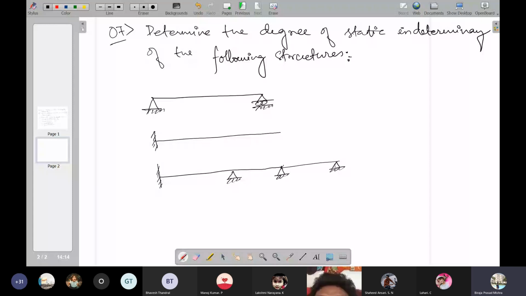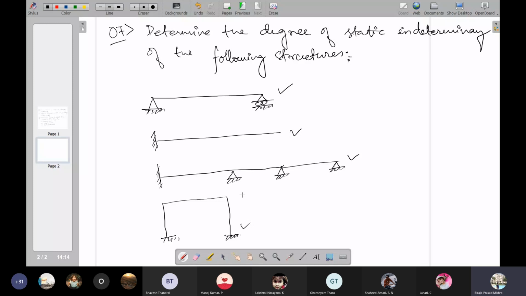The fourth structure is this. These are all short questions, not long questions. This can be asked as one question, this can be asked as one question, even this can be asked as one question. Since the question for each of the figures will be the same, I am telling about all the structures here. These can be asked in questions.